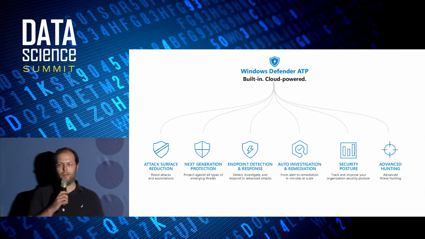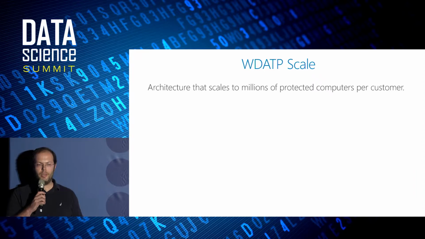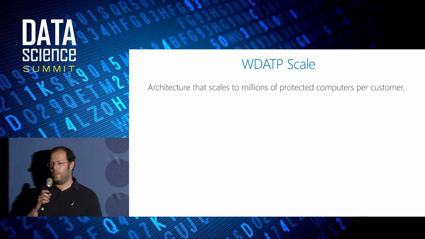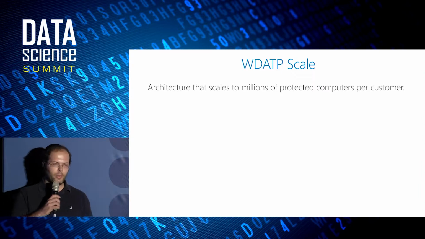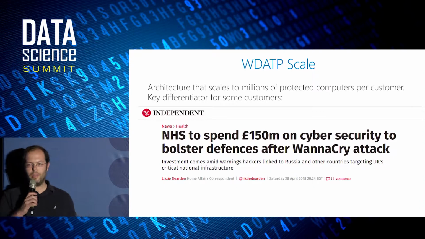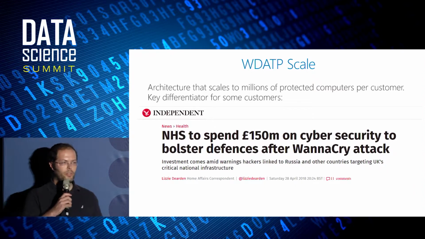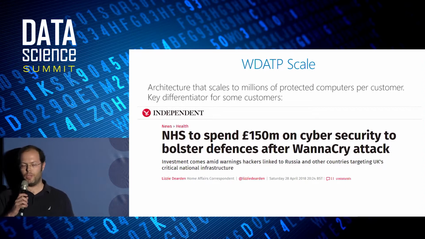So we scale. What does it mean? We have thousands of customers, and each of these customers can range from a few thousand machines to over 1 million machines. As an example, in the latest news, the National Health Service from the UK signed a deal with Microsoft to use our service to detect malicious activities on their network and protect it.